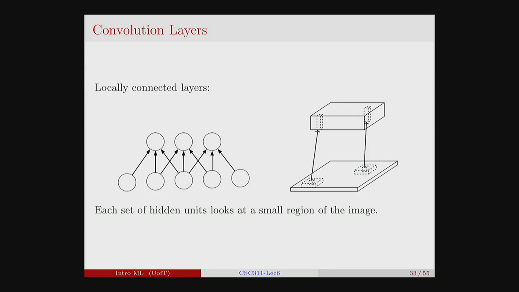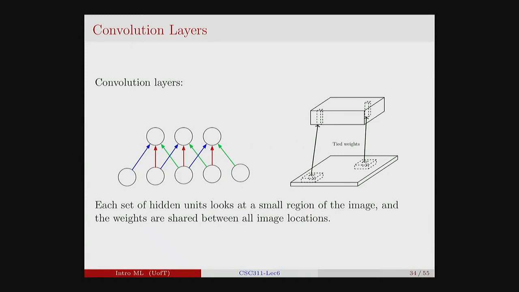And to find a right angle in the top left corner, it suffices for me to perform some local computation in the right corner or the left corner or vice versa. And so we want to have these convolutional layers that represent a set of hidden units that only characterize or look at a small region of the input at a time.